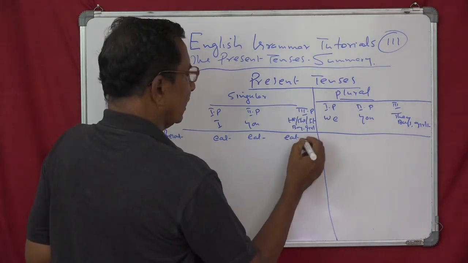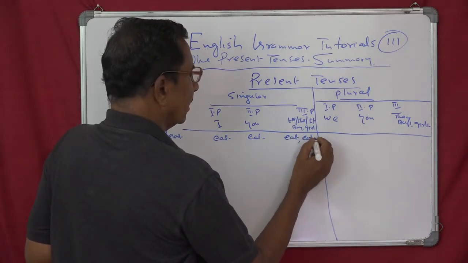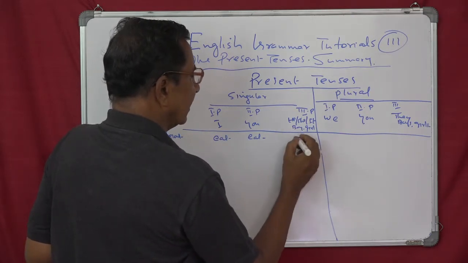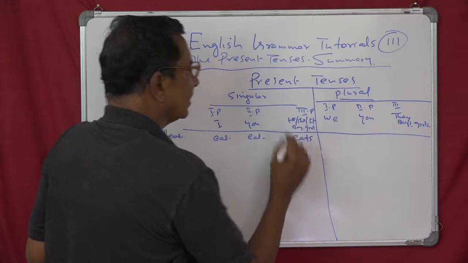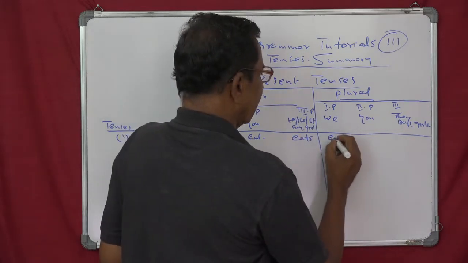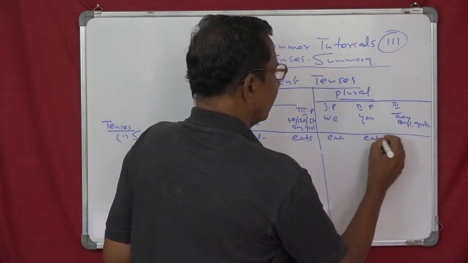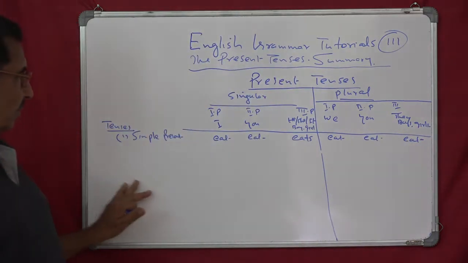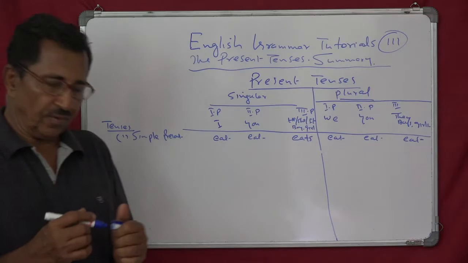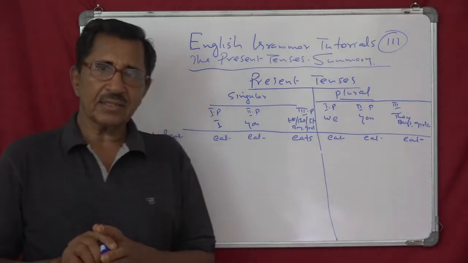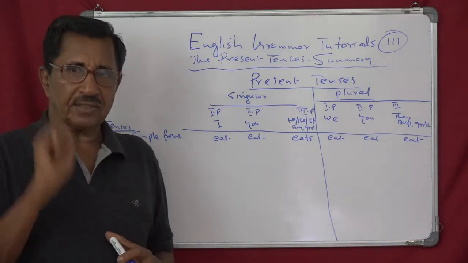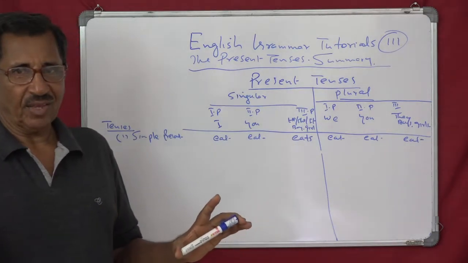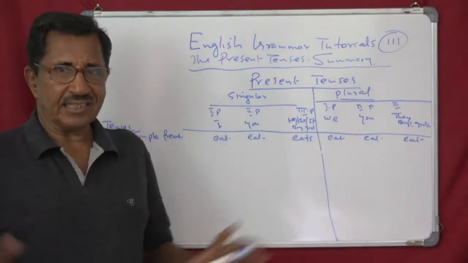One is eat, the other is eats. Looking at the summary of the simple present, you can see there is change only in one place. And that change is third person singular. For the other places it is the same.